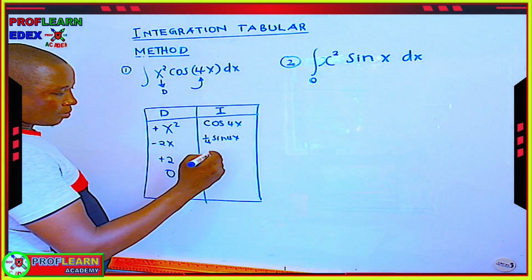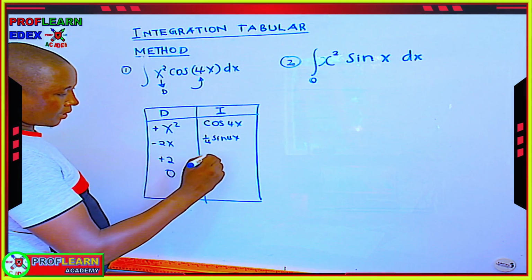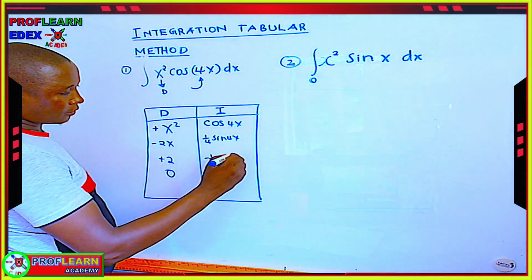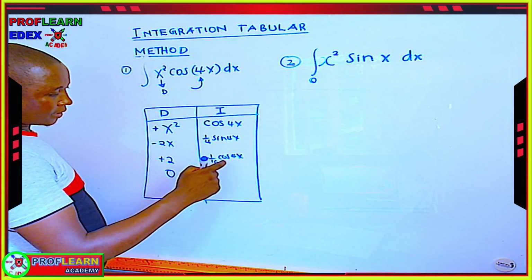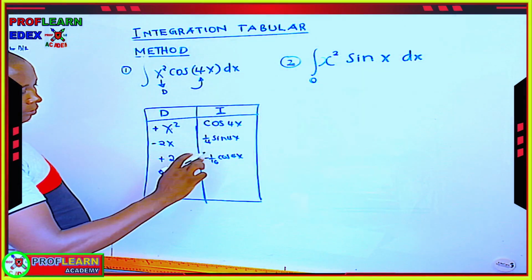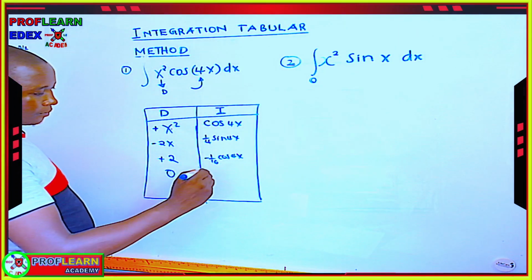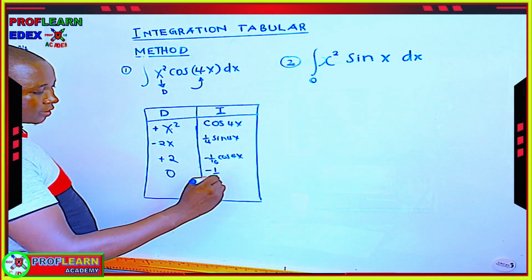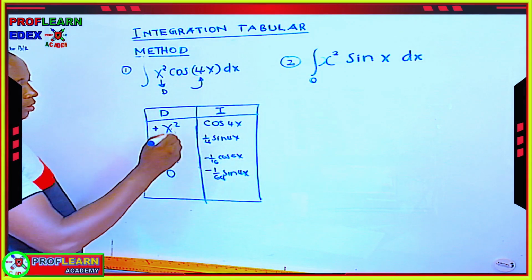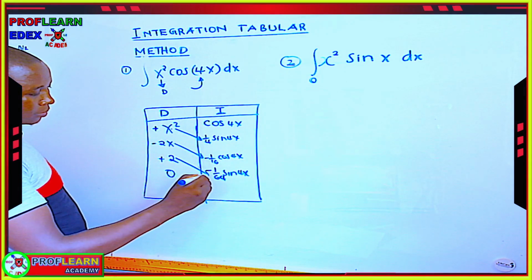Integrating this part, we are going to get minus 1 over 16 cos 4x. Integrating this part, we are going to get negative 1 over 64 sine 4x. So you shall multiply directly like that. This one multiplies to this, and this one multiplies to that.